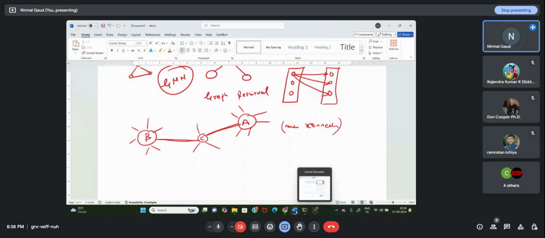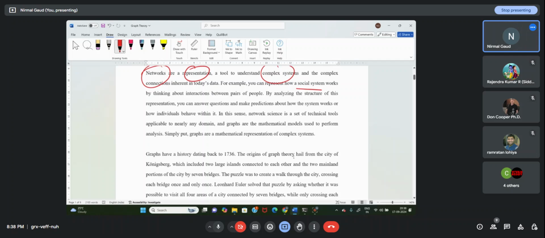Now, by analyzing the structure of the representation, you can answer questions and make predictions about how the system works and how individuals behave within it. That means in network science, we use the graph concept as a mathematical model to perform the analysis. That's what I just told you, how the relationship exists between the nodes, between the people.